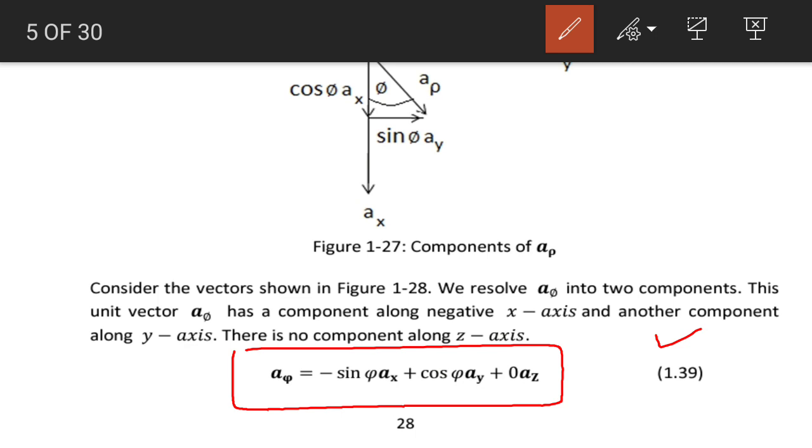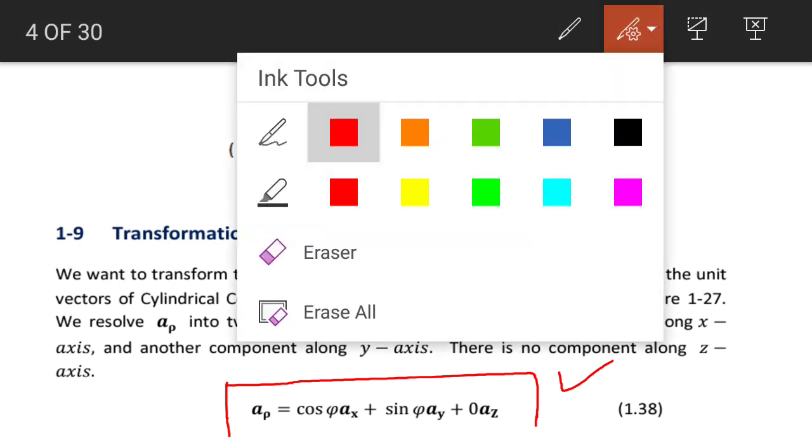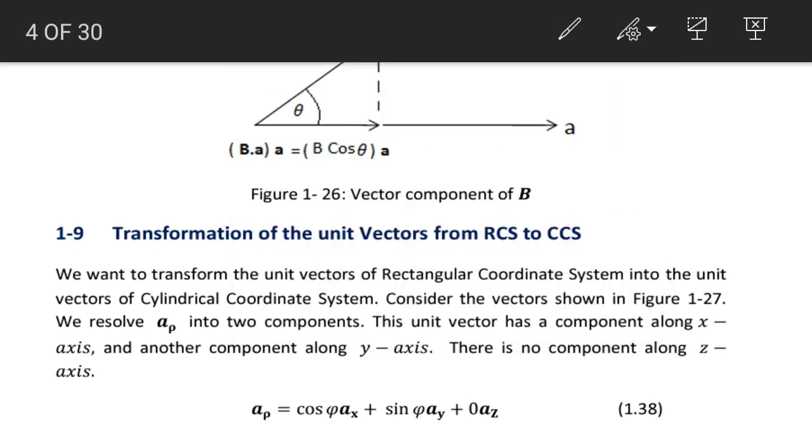Now let us consider the equation for the unit vector A rho. A rho is equal to cos phi ax plus sin phi ay plus 0 az. So a rho dot ax will give you cos phi.